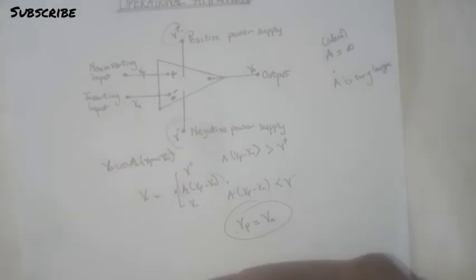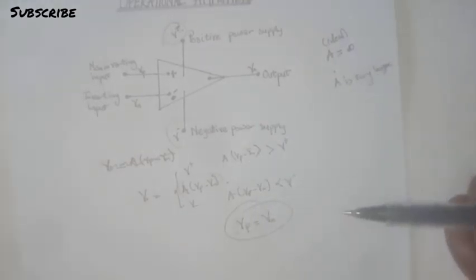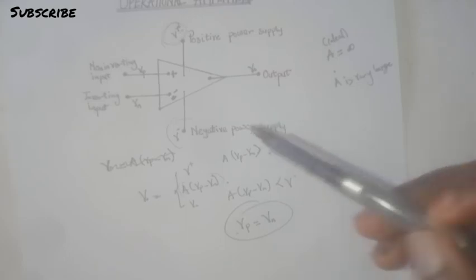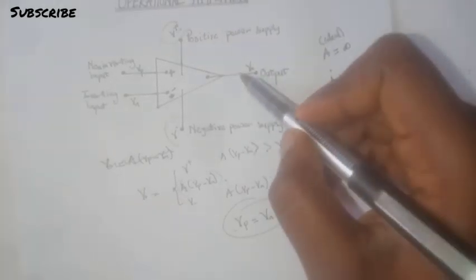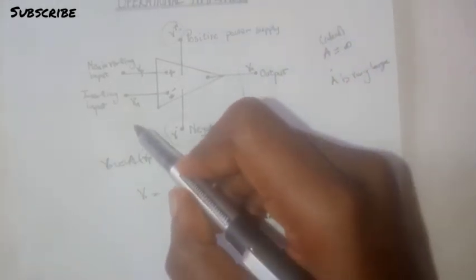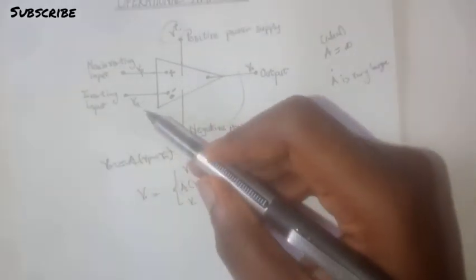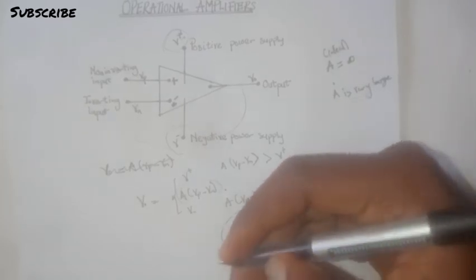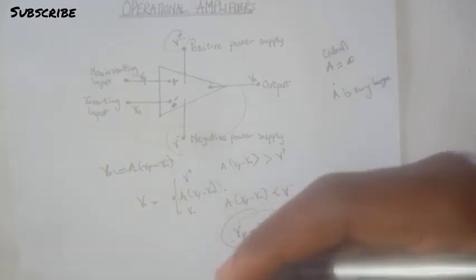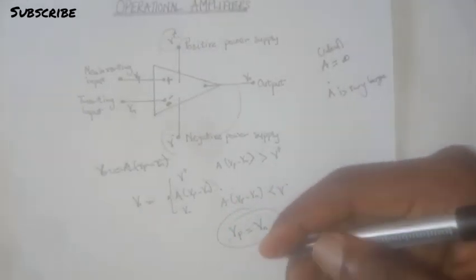The way to do that would be to supply a negative feedback to the input from the output. So you send a portion of the output back into the input to correct any changes to the values of Vp and Vn, and to maintain this condition.